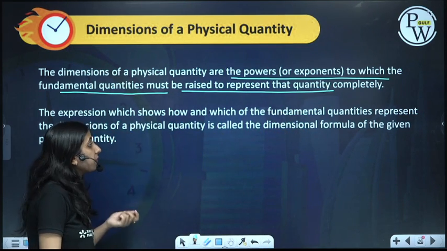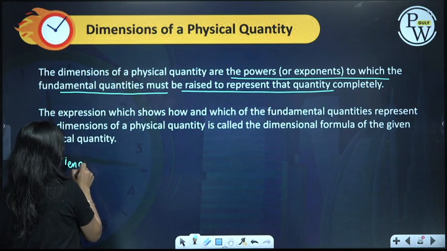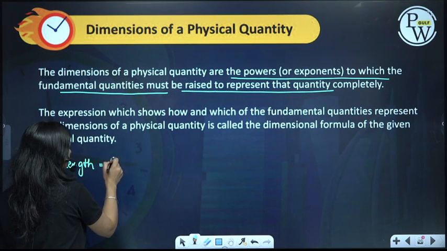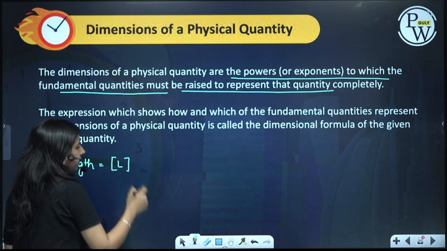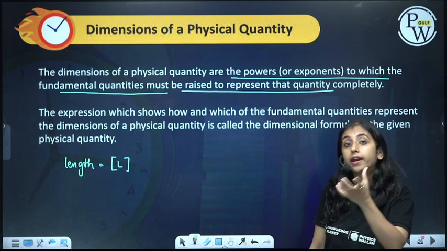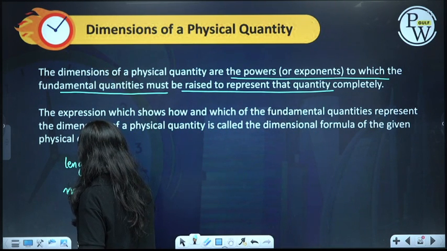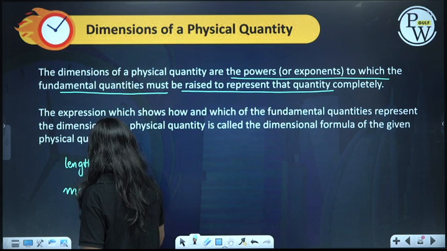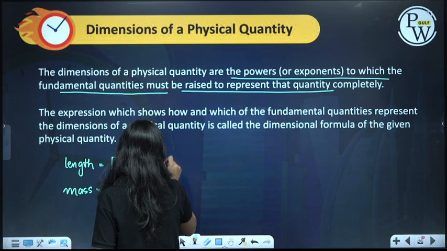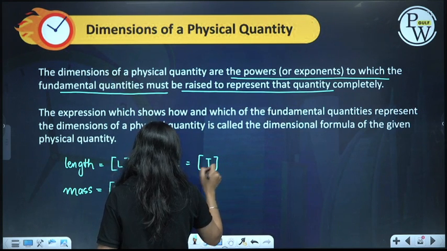If we write dimensions of length as L, we need to raise L to the power 1 to get a length, and similarly, dimensions of mass we write as M, and time as capital T.